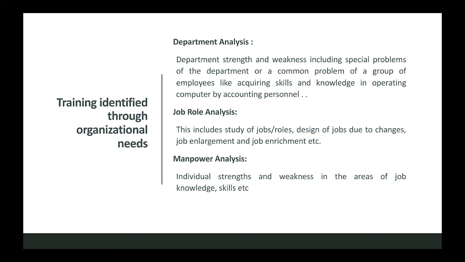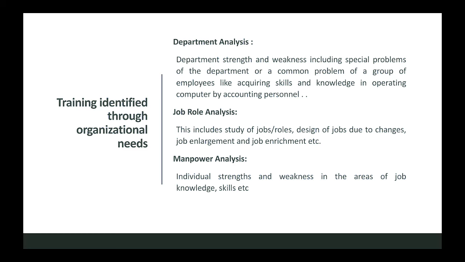Maybe one person is not able to perform in that specific role of a project manager or team lead as per the requirement of the role, the department and the organization. If a person working in sales doesn't have proper negotiation, convincing or communication skill, it can be a problem. It has to be addressed. Proper training must be imparted to that person in order to perform as per the requirement of the job.